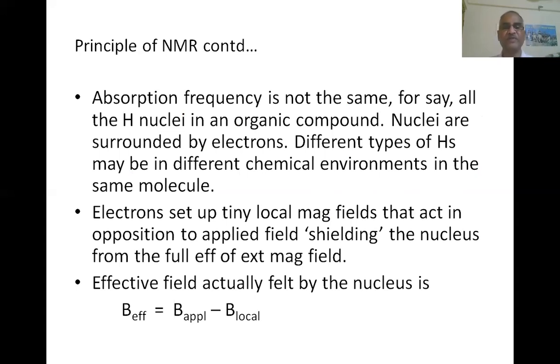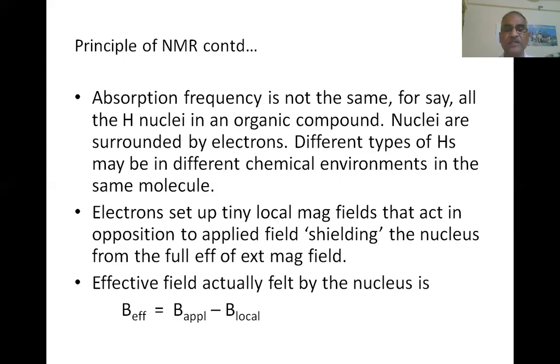The absorption frequency is not the same for all the hydrogen nuclei in an organic compound. I'm taking an example where hydrogen is present. Hydrogen is present in most organic compounds, and hydrogen NMR is the most prominent NMR spectroscopy technique. Nuclei are surrounded by electrons, and different types of hydrogens may be in different chemical environments in the same molecule.